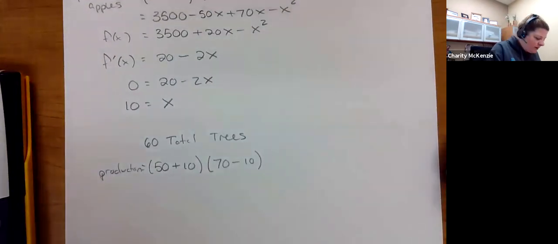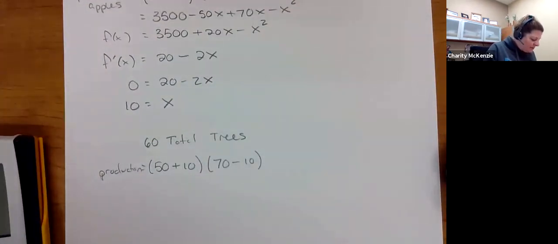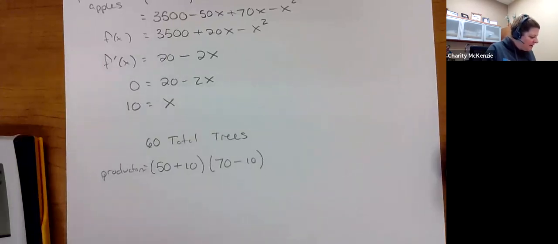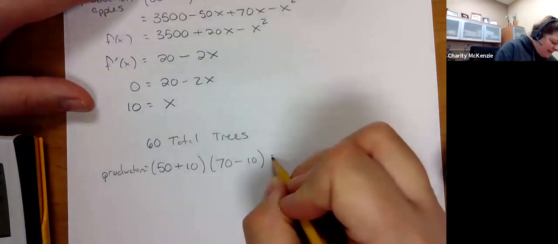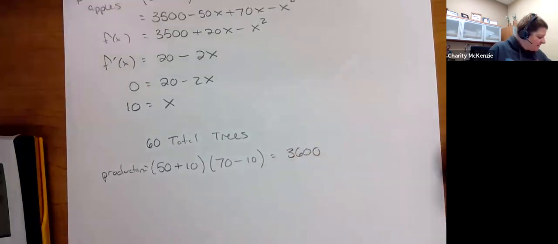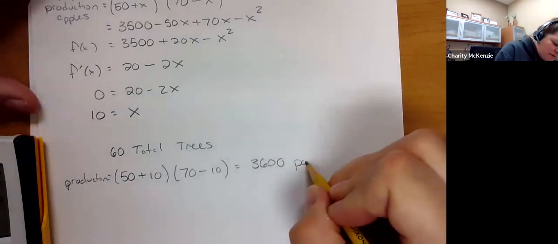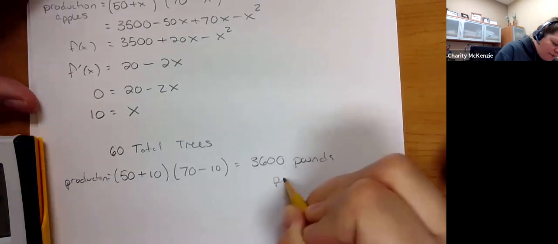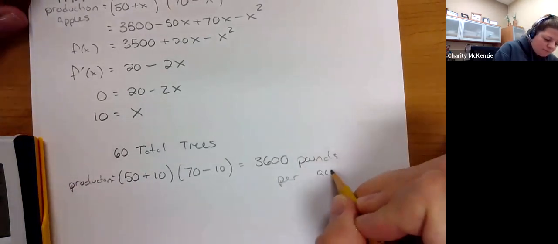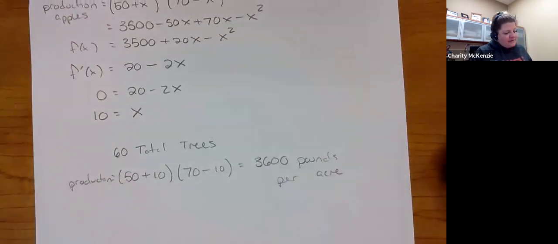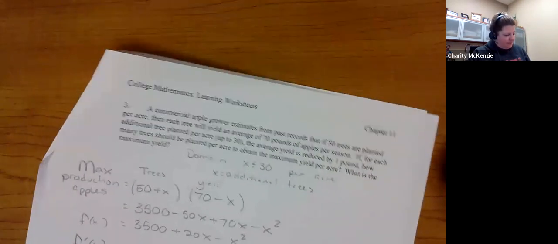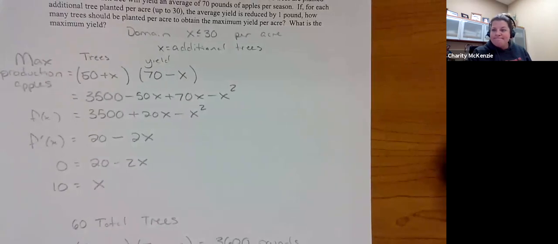So that's 60 times 70 minus 10, that is 60. So I get 3,600 pounds per acre. I said that wrong at first. So 3,600 pounds per acre. All right, there's that type of problem.